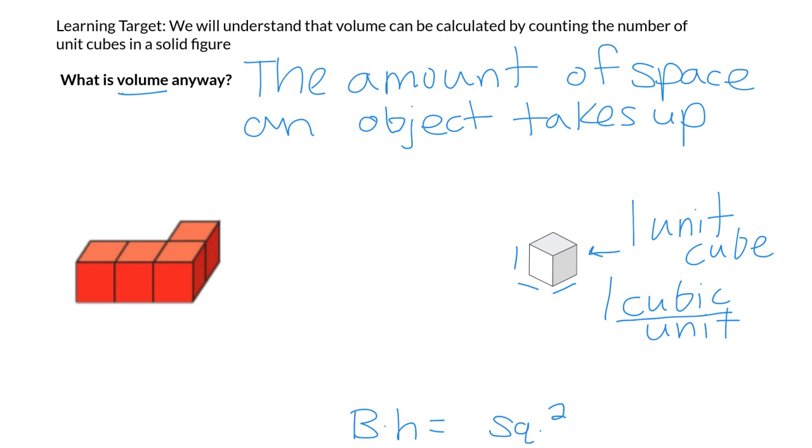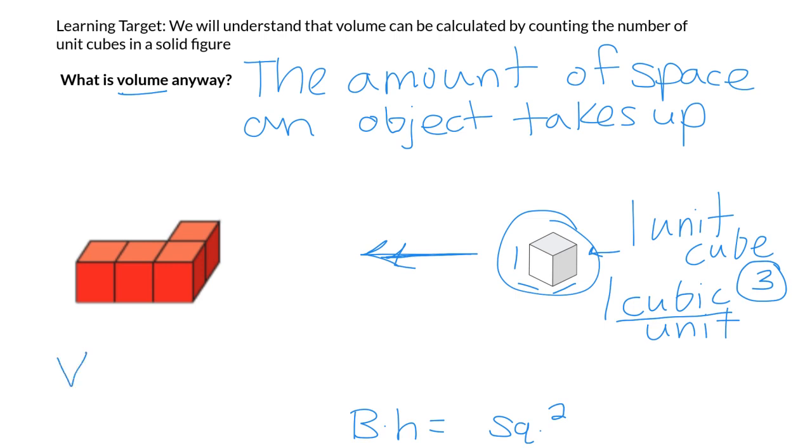They have 3 dimensions, so we can also use that exponent 3 when we're reporting volume. Okay, so now, knowing that 1 cube is equal to 1 cubic unit, the only thing that we're going to work on today is counting the number of cubic units in solids, such as this solid over here, to find the volume.